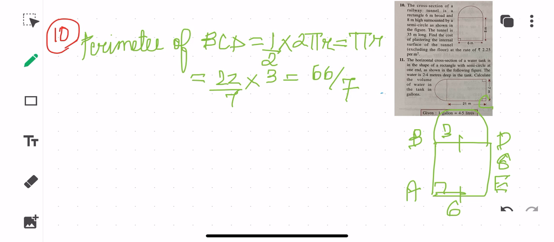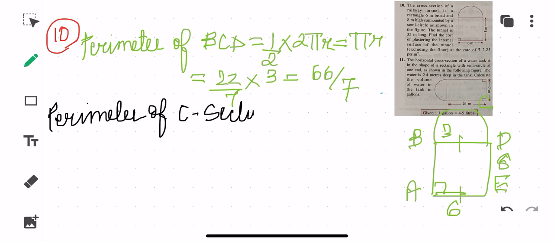So the formula says perimeter of cross section is equal to, not exactly the formula, children, it's just what you have to calculate here. Perimeter of cross section is equal to, in the figure, just look into it, children, this is AB, plus.